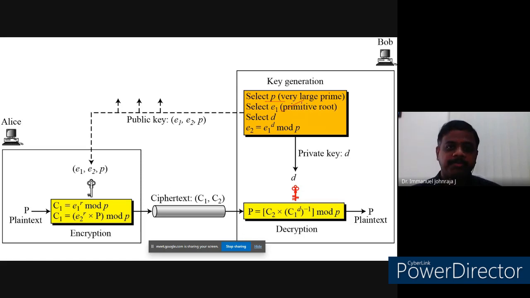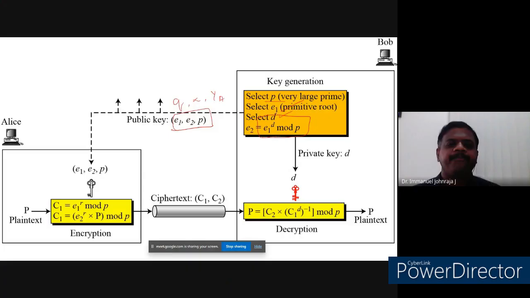He also chooses a value called d, and he sends these three values: e1, e2, and p. In our case, it was q, alpha, and Y. This is how the public key value is calculated, and these three values are sent.